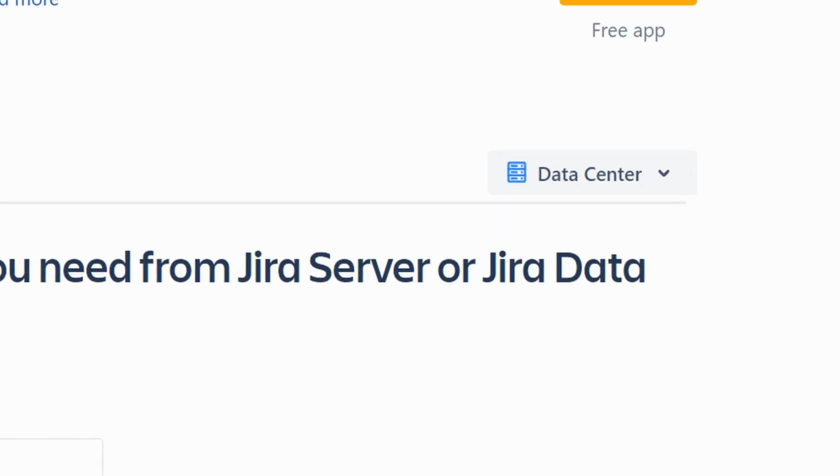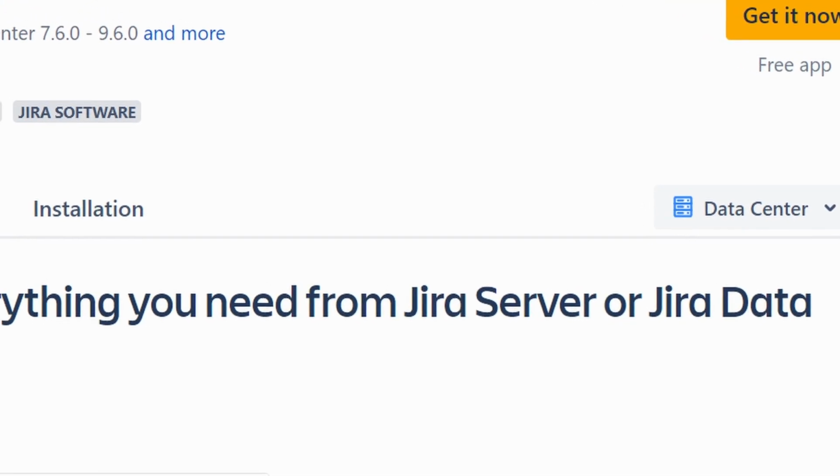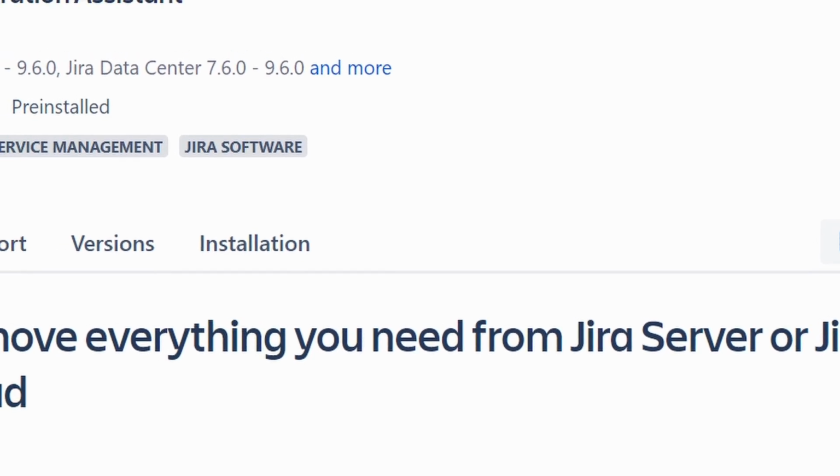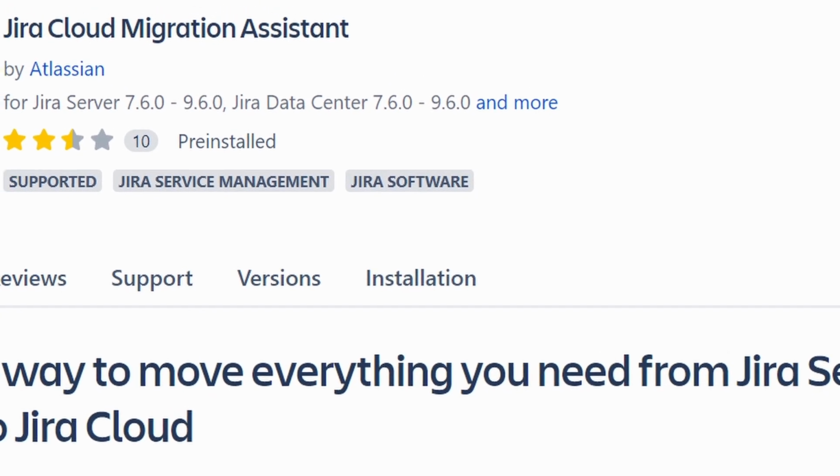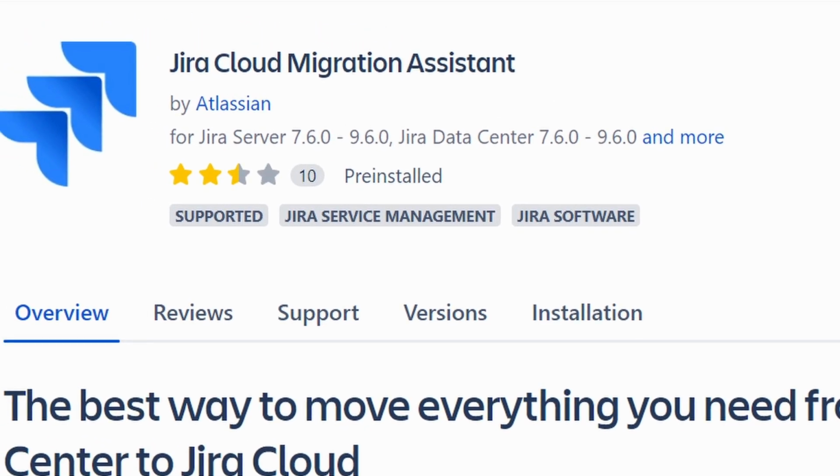The migration tool of the Email This Issue app is able to migrate almost all the configurational and the operational data of the app from the Jira Server or Data Center platform to Jira Cloud under the hood of the Jira Cloud Migration Assistant. There are two kinds of data in the Email This Issue app: configurational and operational data.